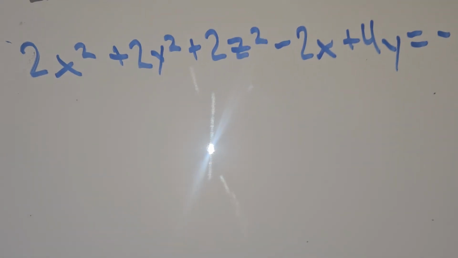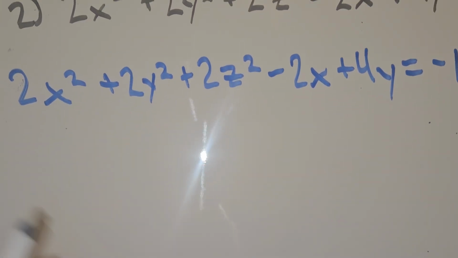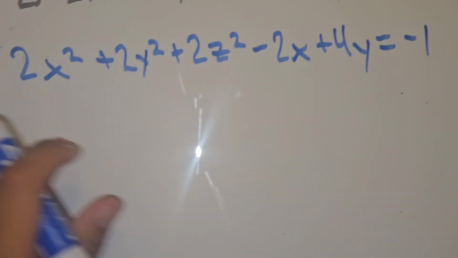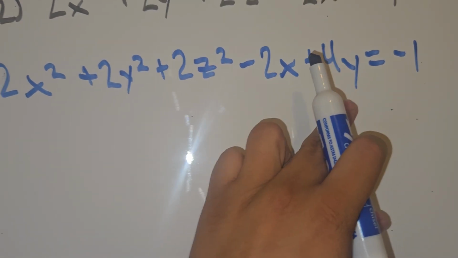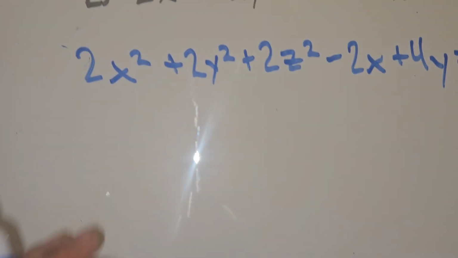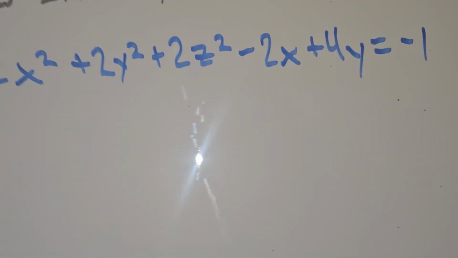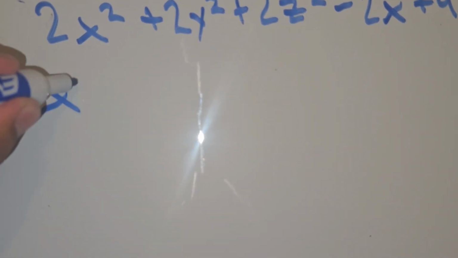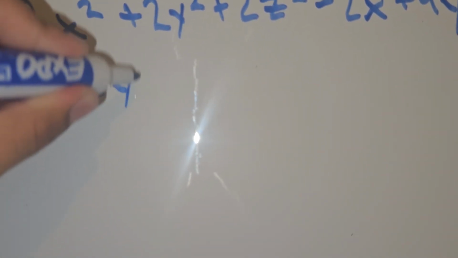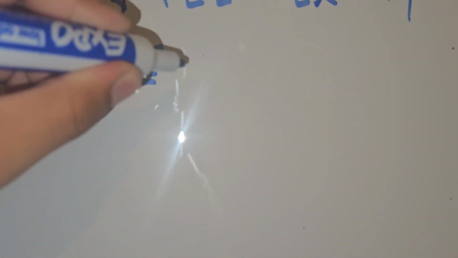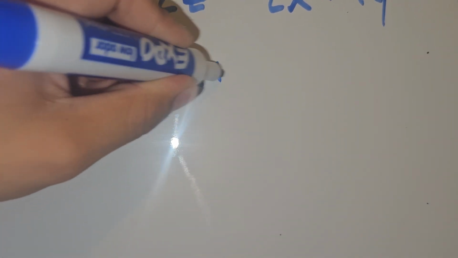So let's divide all of this by 2, because everything from the 4 to the 2 has 2 in common. So we're going to divide everything, including the negative 1, by 2. So divide both sides by 2. So we're going to be left with x squared plus y squared plus z squared minus x plus 2y equals negative 1/2.